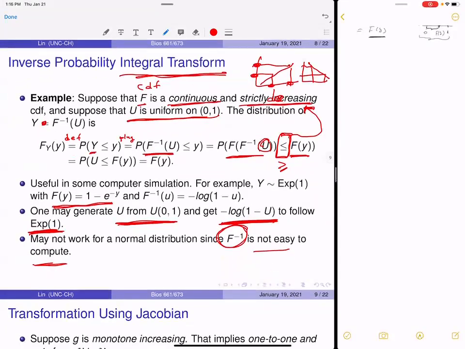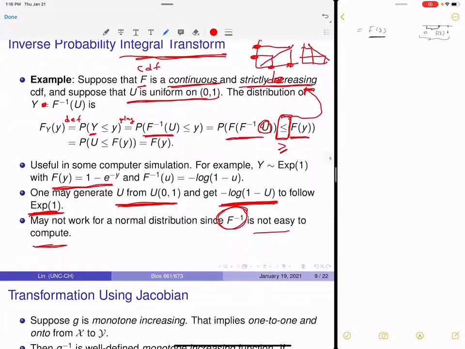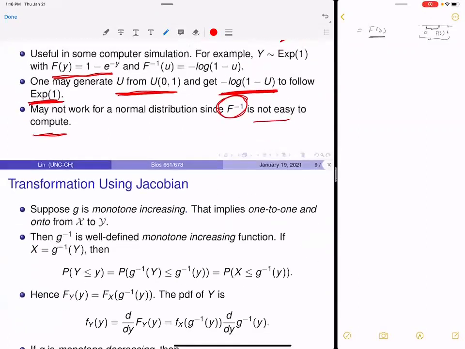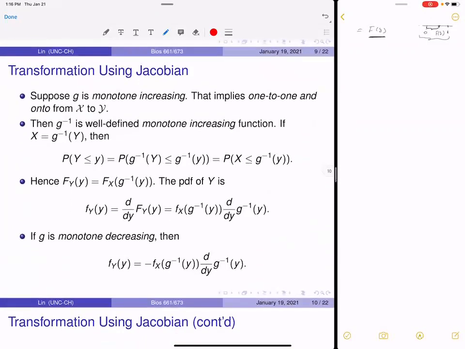You will need that in future derivations, because when we work on confidence intervals and hypothesis testing, you will see that at some point you need to switch the direction of the inequality. Again, I'm using the same idea here. Good, so I finished teaching about the CDF.